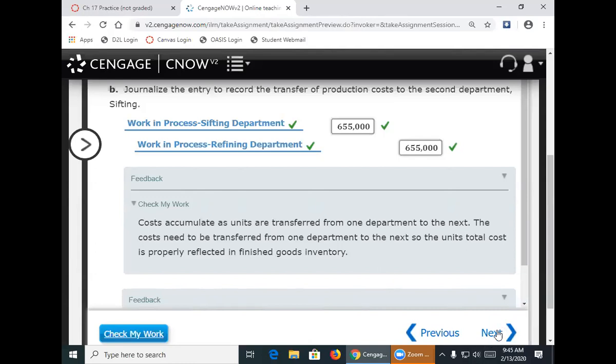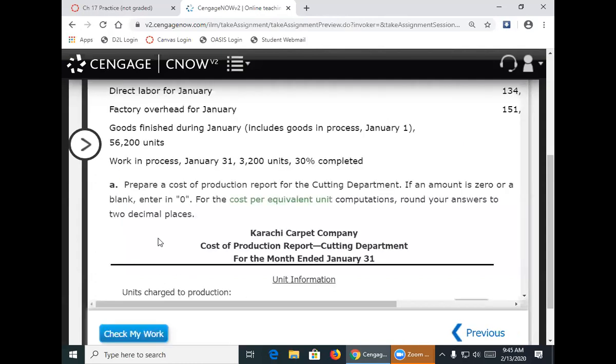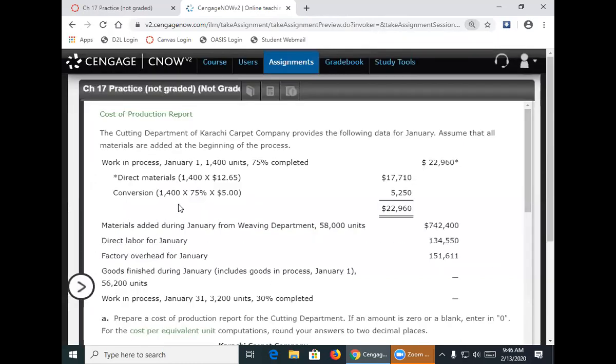Okay. Well, our last one's our big, long, fun one. But then we're finished. So this last one's doing the full cost of production report. So this is going to give us all the information we need, and we're going to have to do equivalent units. We're going to have to do cost per equivalent unit.